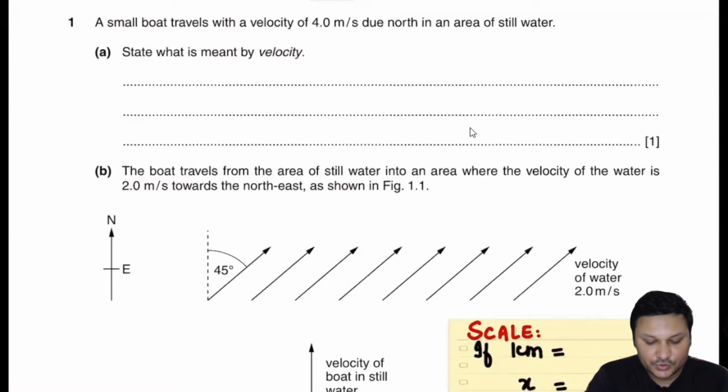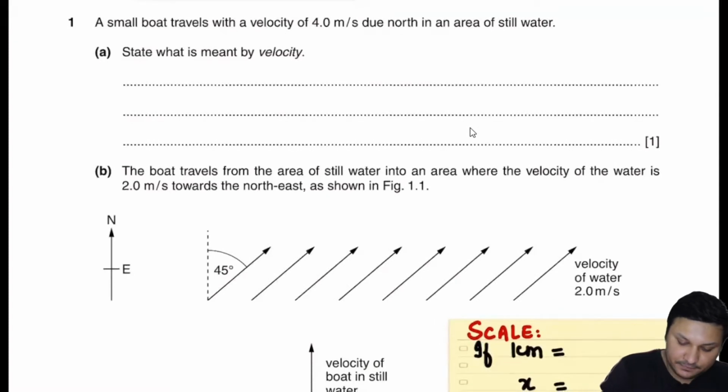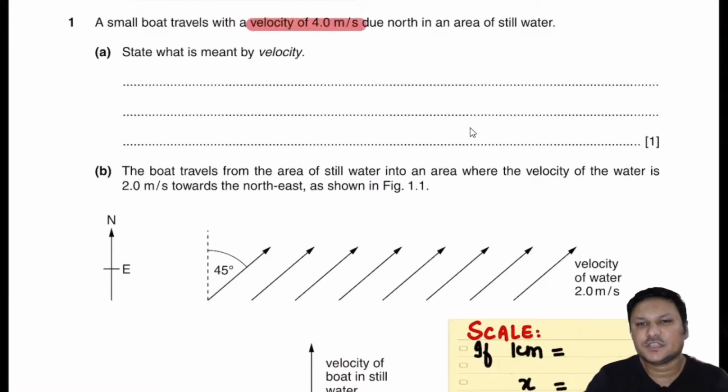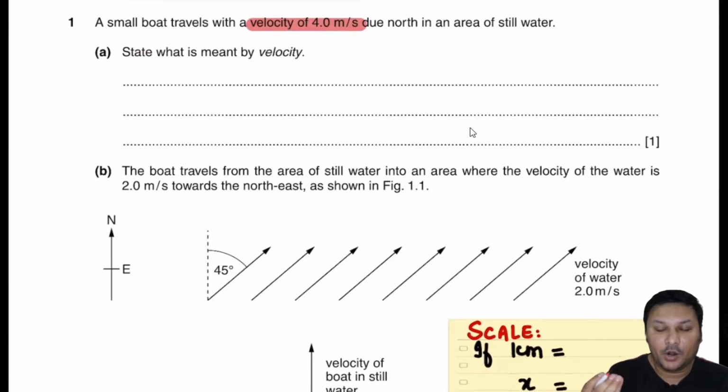So the first part of the question is basically saying that a small boat travels with a velocity of 4 meters per second. I always suggest my students to highlight important parts so that they are always in front of you and you cannot miss them. A small boat travels with a velocity of 4 meters per second due north in a still area of water.